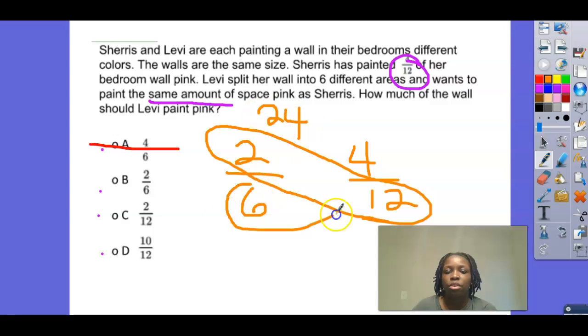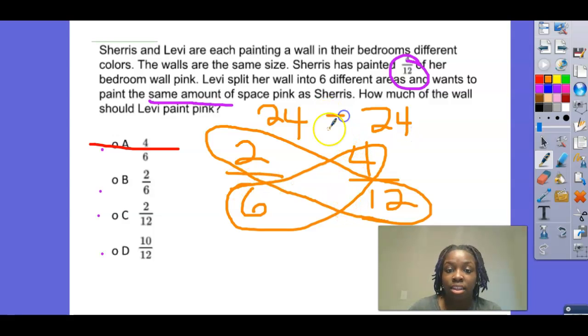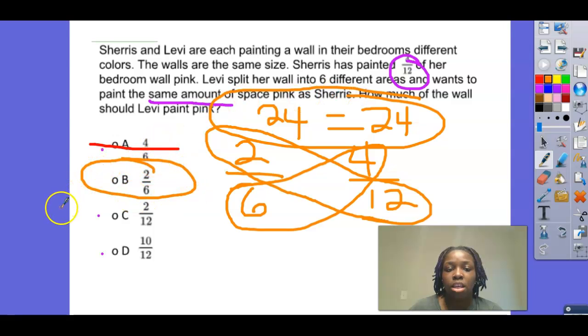And what is 6 times 4? Great, 24. Are 2/6 and 4/12 equivalent? Yes, good. They're equal because 24 and 24 are equal. So my answer will be 2/6. So this is an easier way, instead of drawing, to find equivalent fractions. You guys did amazing today with finding the equivalent fractions.